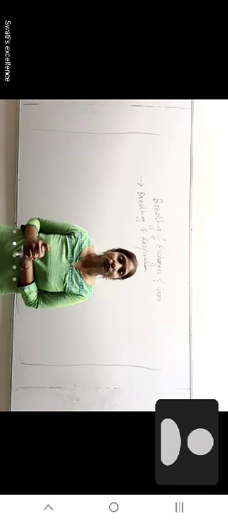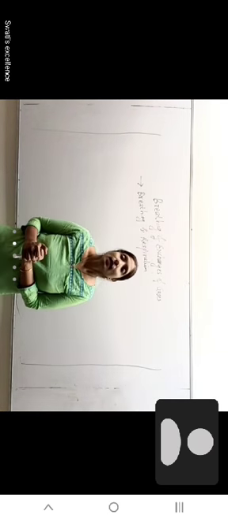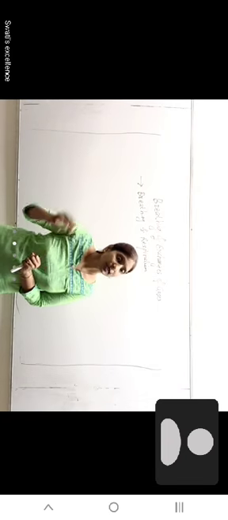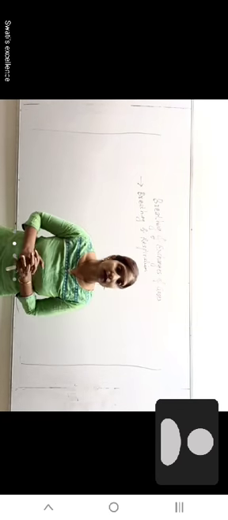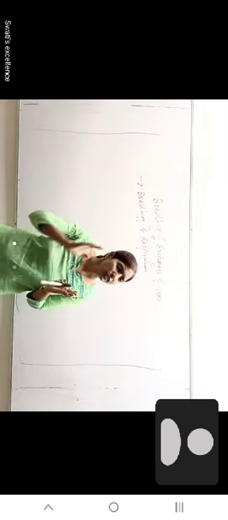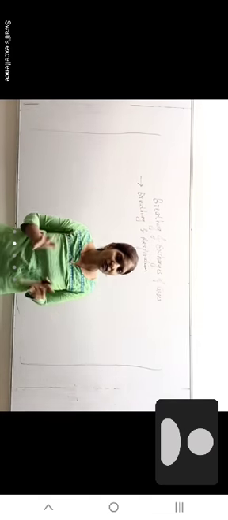Respiration is the process of release of energy. In presence of oxygen, it is aerobic respiration. In absence of oxygen, it is anaerobic respiration. We have already gone through this in detail when we studied respiration in plants. What is aerobic respiration and what is anaerobic?